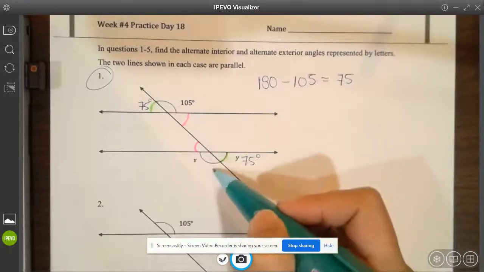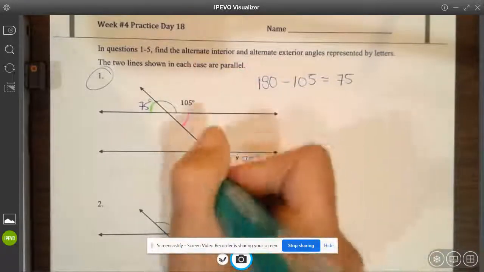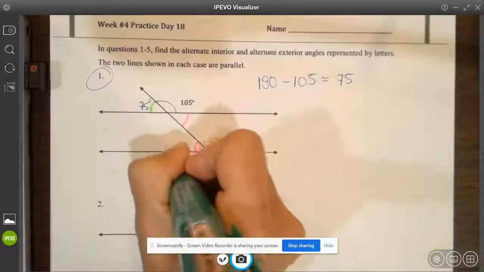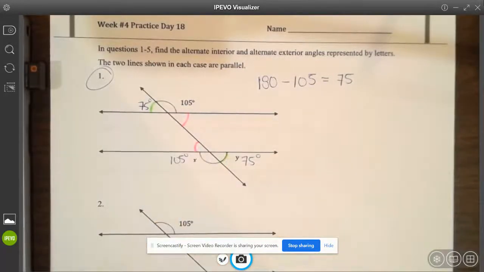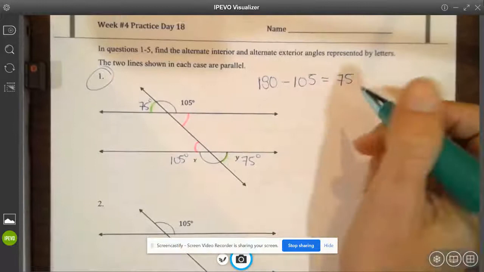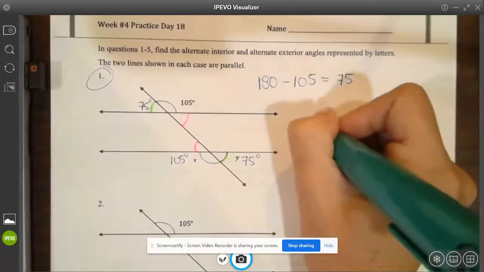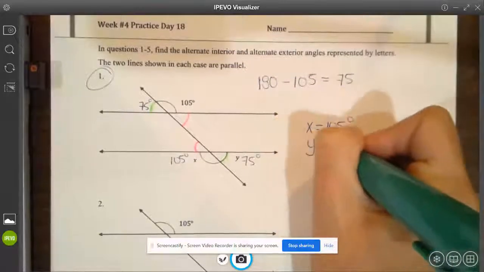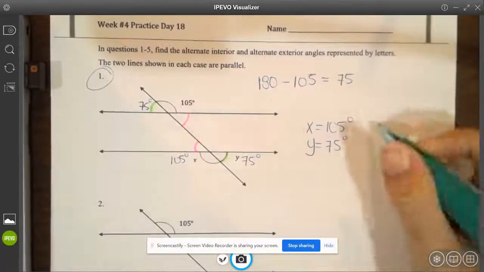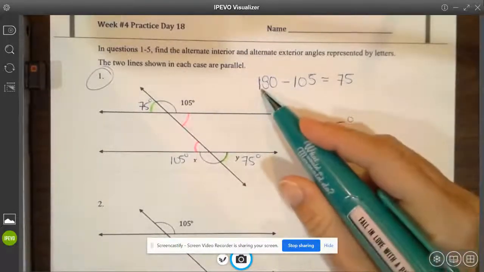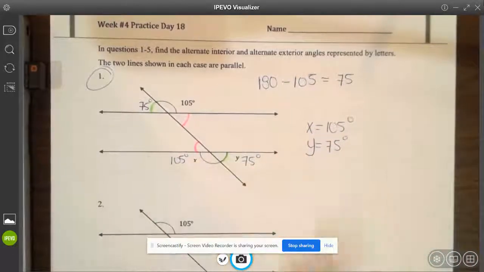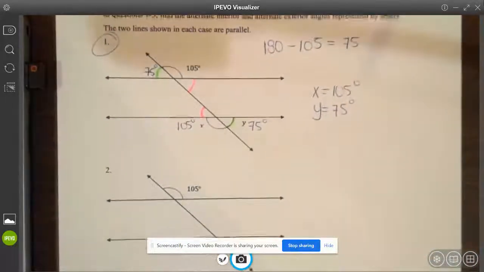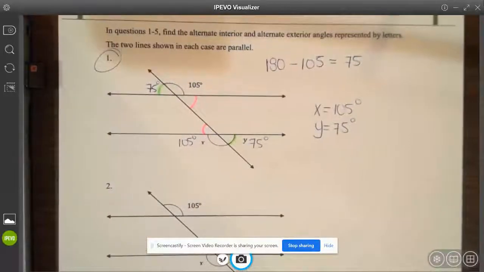So if this is 105, then this one is also 105. And that's how we find the values for those variables. So x equals 105 degrees and y equals 75 degrees. Now, these two will add up to 180 because they form linear pairs. They form straight angles. Okay?